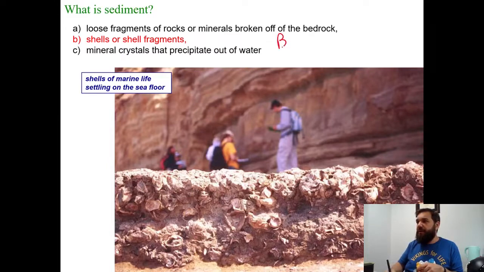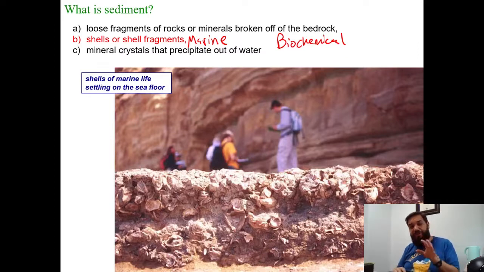So sedimentary rocks, this is something you put down for number 6, biochemical. Biochemical are formed from the shells or shell fragments of marine organisms, okay? Now, when you think of shells, I'm sure you're thinking of clam shells, things that you can see with your eyes, oyster shells and clam shells. But I just want to let you know that there are so many shells that are smaller than what you can see.